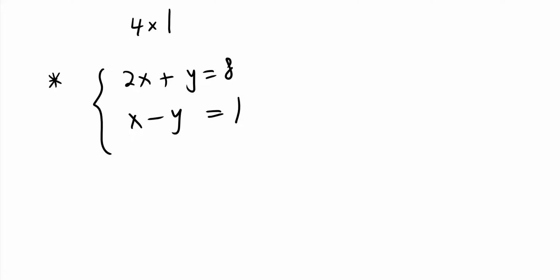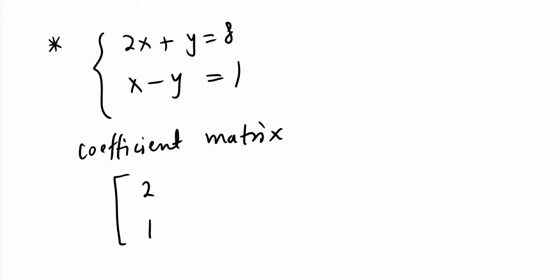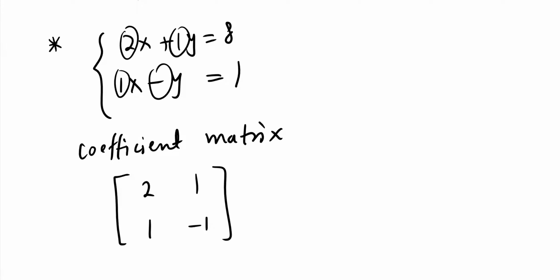We have what we call the coefficient matrix. The coefficient matrix is the matrix that involves only the coefficients of x and y: 2, 1, 1, negative 1.